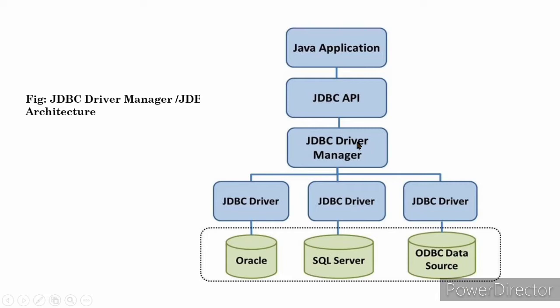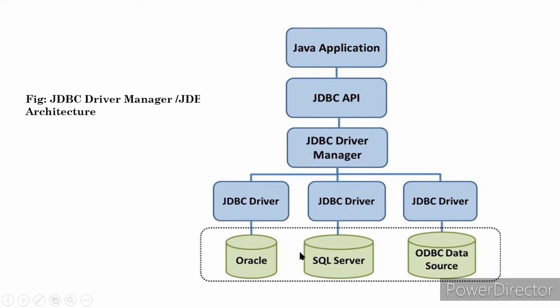This driver manager chooses the correct JDBC driver to access the database requested by the Java application. If the Java application requests an Oracle database, the JDBC driver manager will choose the correct JDBC driver to access the Oracle database.